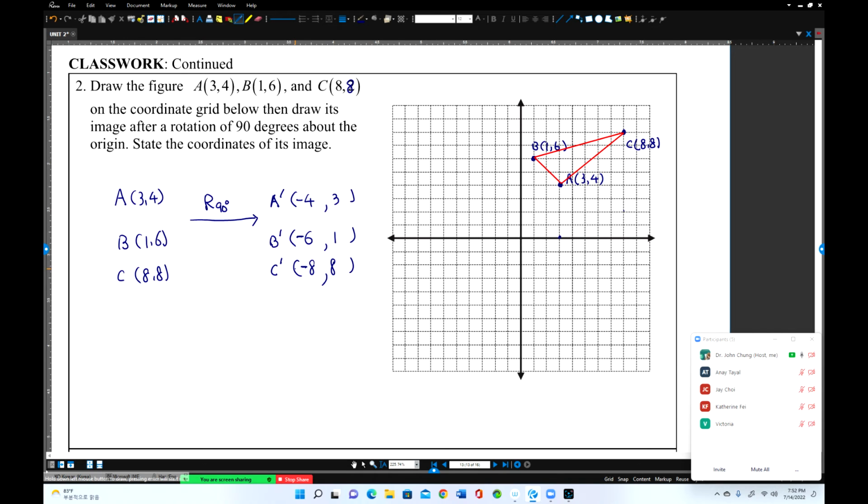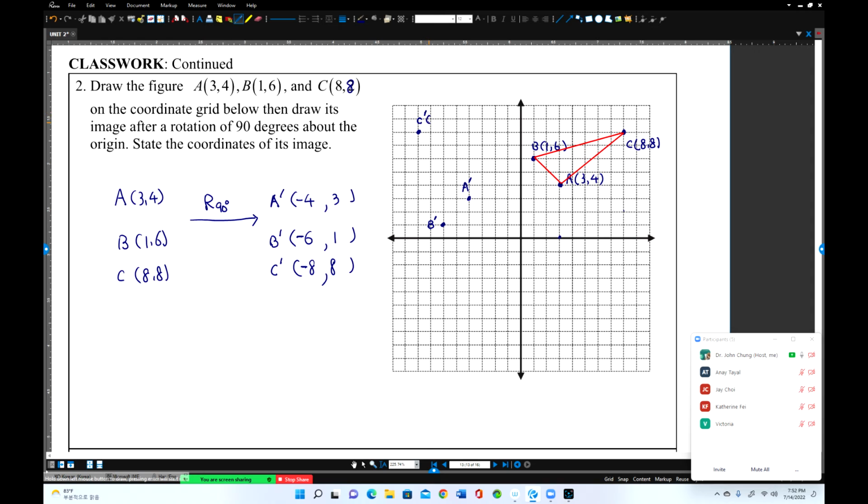Okay, A prime, where is it? Negative 4 and 3. Negative 4 over here, 3. This is A prime. Where is B prime? Negative 6 and 1. Negative 6 over here and 1 over here. That is B prime. Where is C prime? Negative 8 and 8, all the way up here.